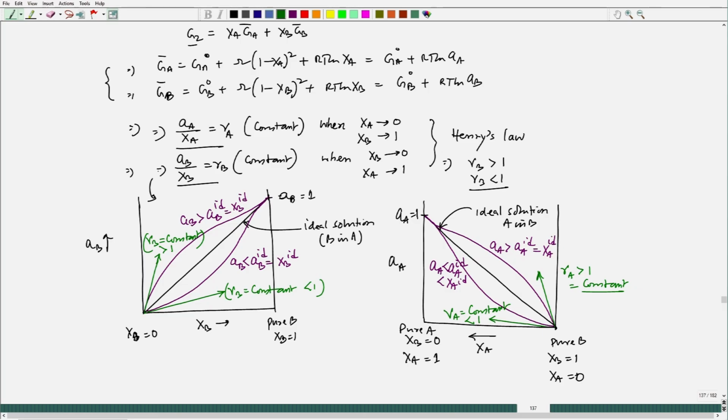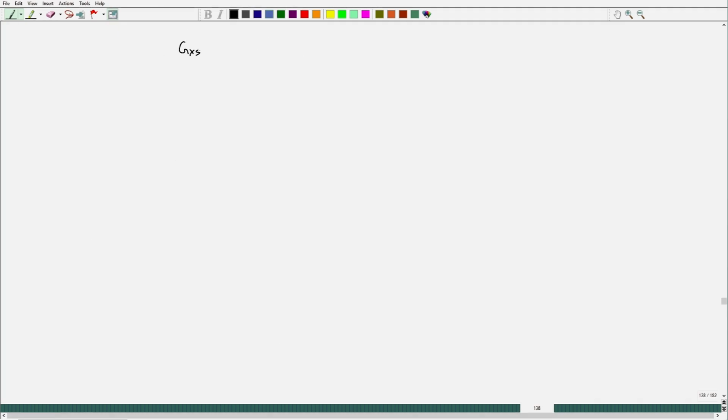Now, taking this forward, we have seen that G xs is nothing but delta H mix, which is nothing but omega xa xb. So, if you find this value, it will be in the form of joule per mole.